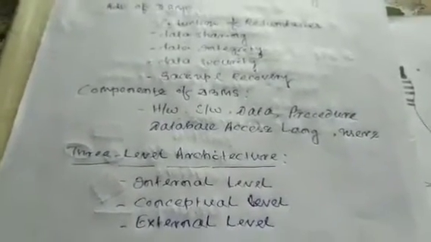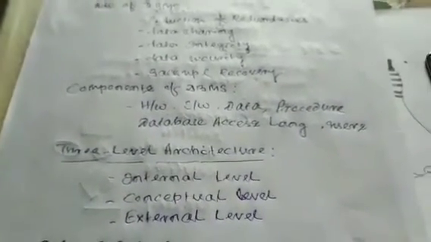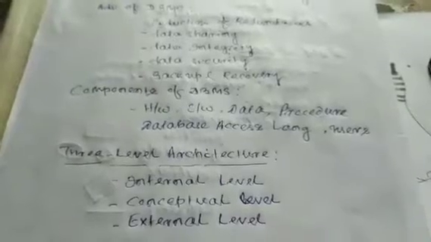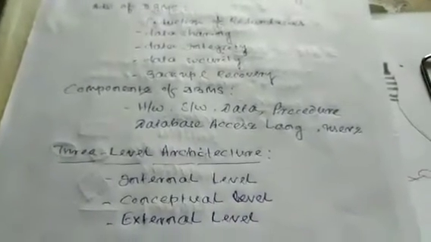So hardware and software, database access language, and data are the important components of DBMS, and also some procedure that refers to the general instruction to the user of a database.